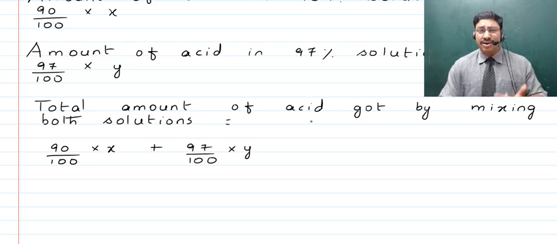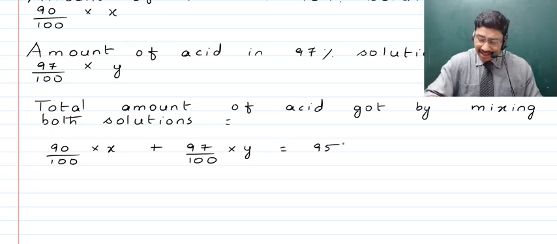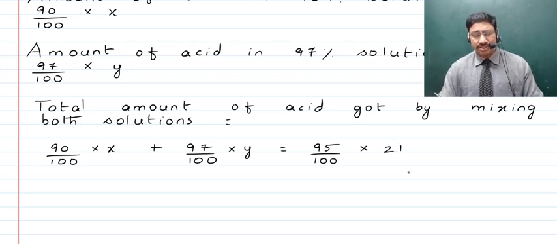So if of 21 liters we require a 95% solution as has been given to you in the question, the amount of acid should be equal to 95 upon 100 into the amount of solution which has been made, which is 21 liters.